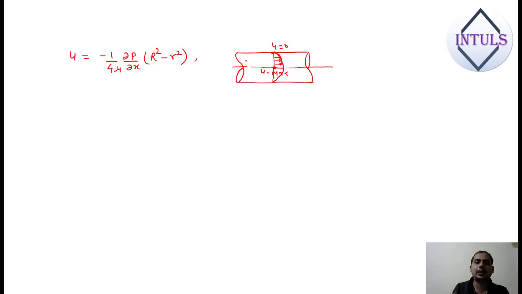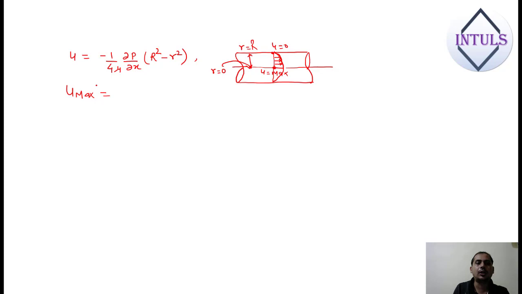So if we take the radius, small r, here small r is equal to 0, and here small r is equal to capital R. So at the wall small r is equal to capital R, and at the center small r is equal to 0. So if you want to find the maximum velocity, Umax, it must be at the center.